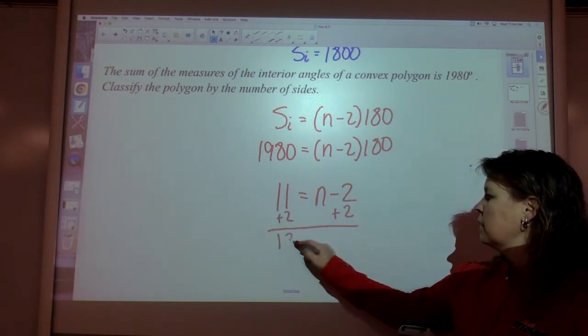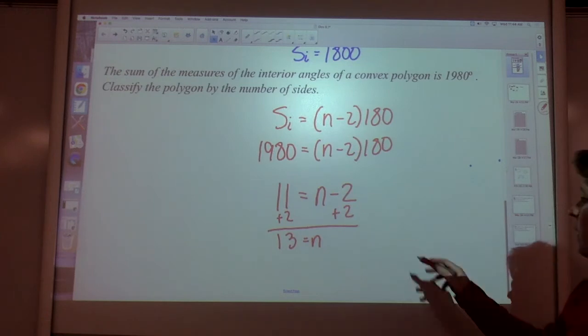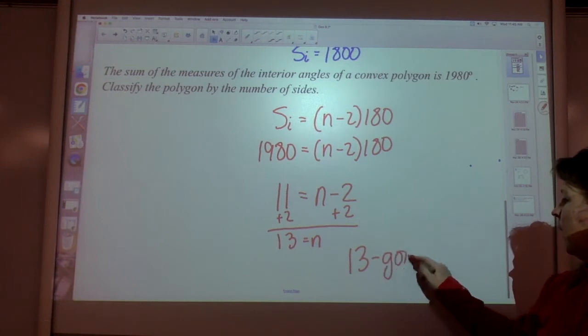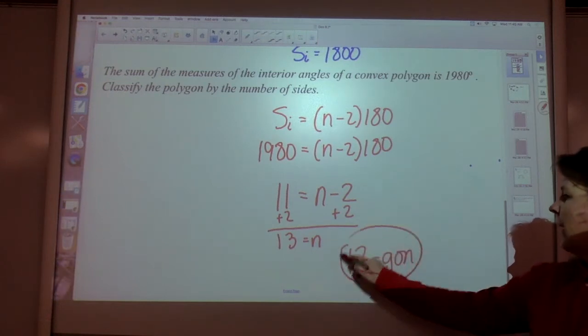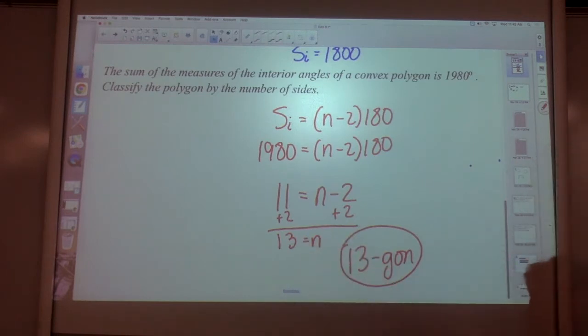It is a 13-sided figure. Now it says classify it. If we know that n is 13, we now call it a 13-gon. That's how we classify it. If it had 5 sides, we'd say pentagon. If it had 8 sides, we'd say octagon. But it is a 13-gon.